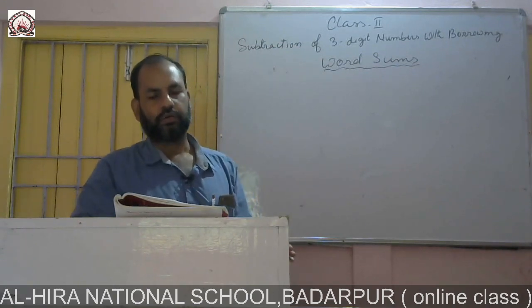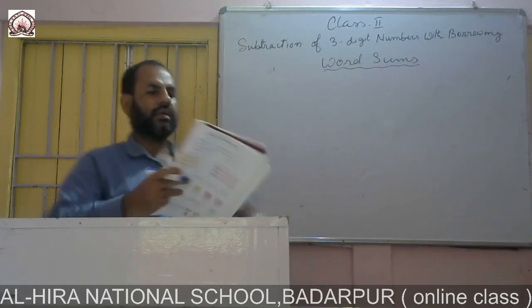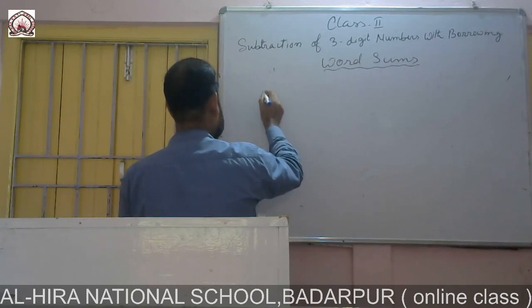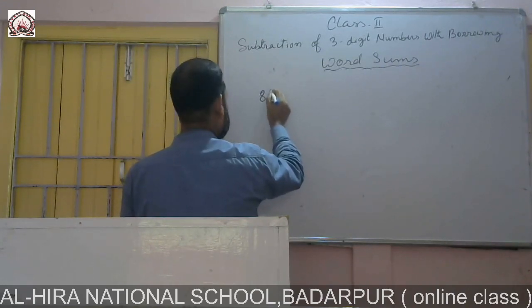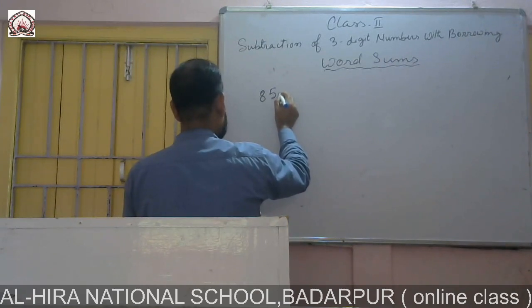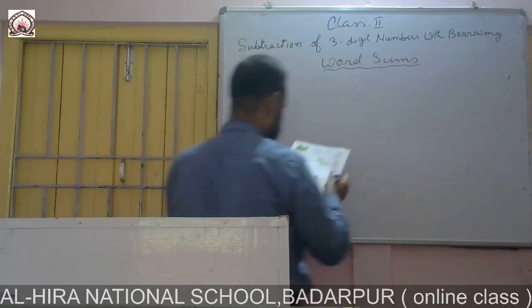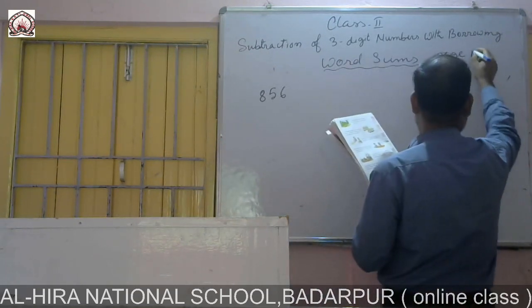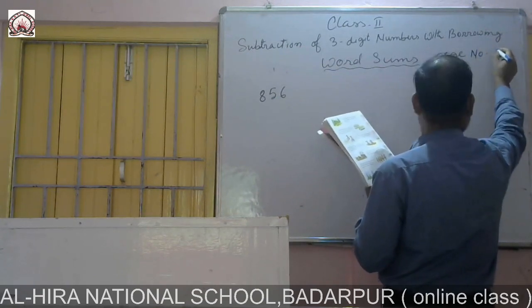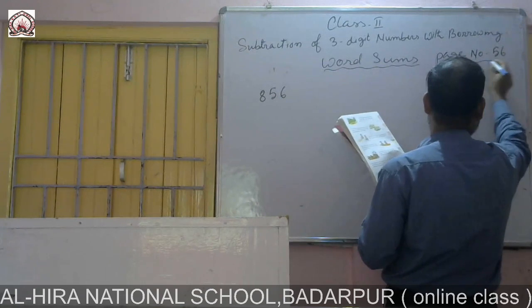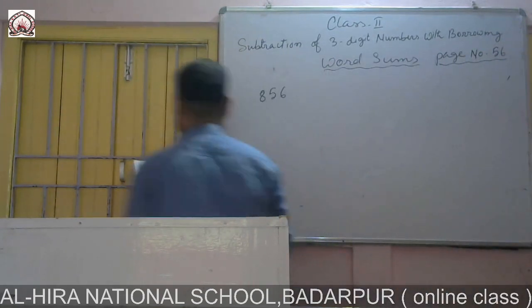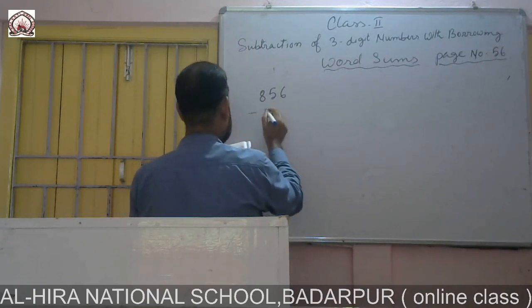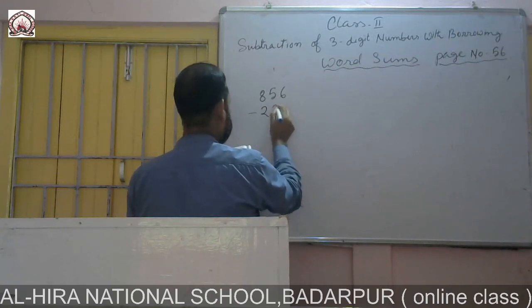How many cut down? 289, and what we do is minus 856. It is page number 56. 856 minus 289.